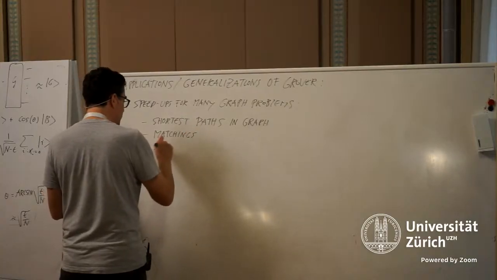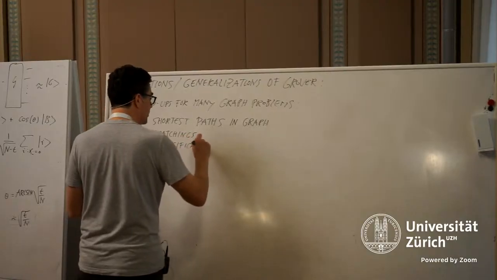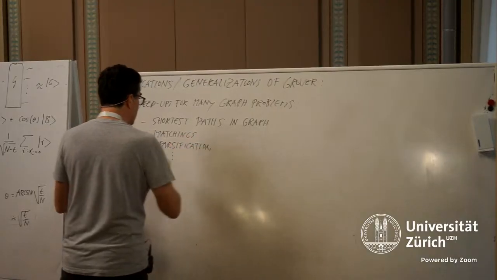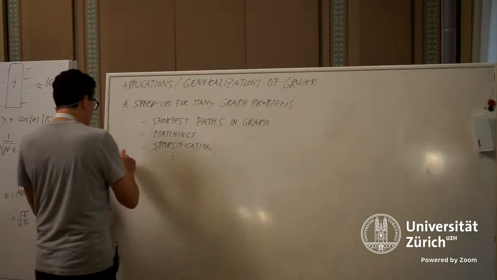Sparsifying a graph while preserving many properties. And this is a long list. There's dozens of papers out there that give you fast quantum algorithms, or at least faster than classical, for many different graph problems. There's many applications of Grover to optimization problems.